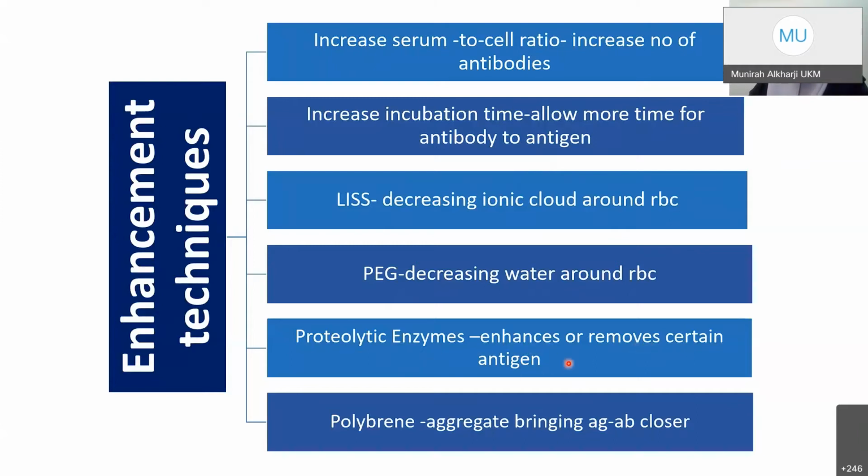In our case, usually we use the panel that has been treated with the pepenase to enhance or remove certain antigens. We also can use polybrene to aggregate, bringing antigen and antibody closer.